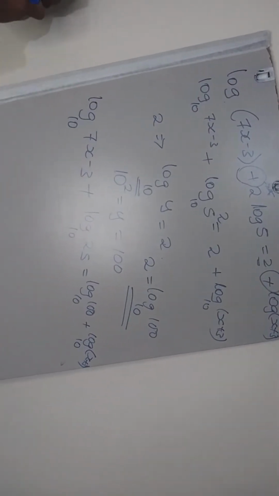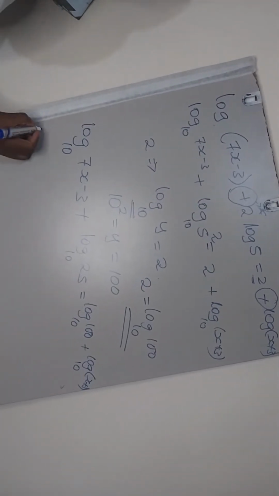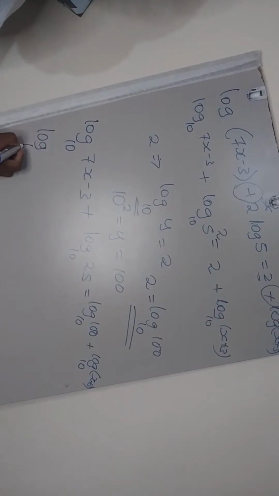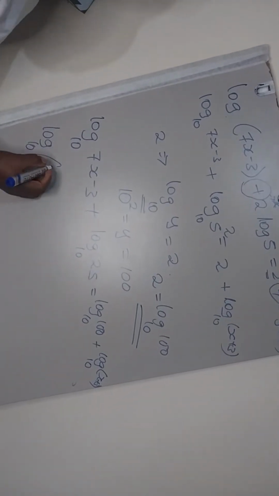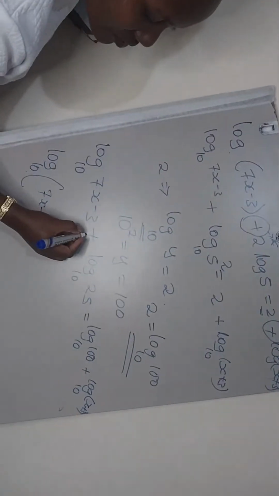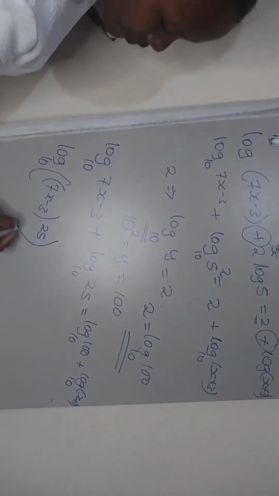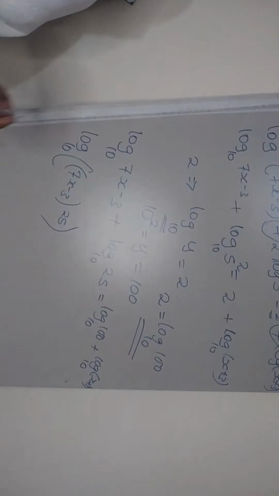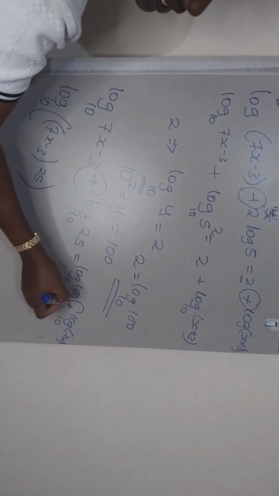So it is now the time to do log to base 10 of 7x minus 3, plus changes to multiplication, multiplied by 25. Why are we not using these signs? I say that the changing only happens for the signs separating the logs.